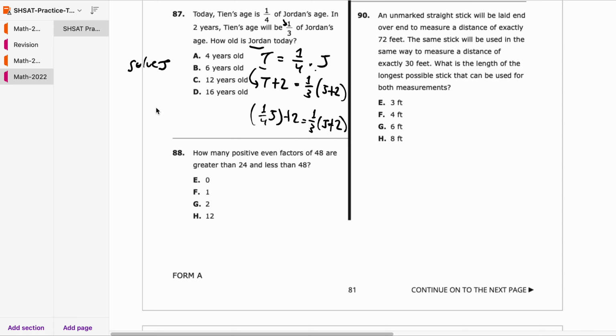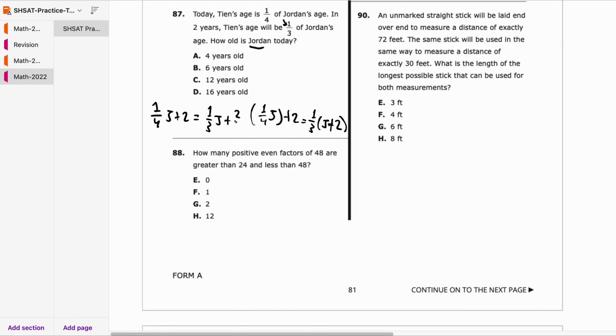Okay, so here, let me rewrite this. So that's going to be 1/4 J plus 2 is equal to 1/3 J plus 2/3, right?